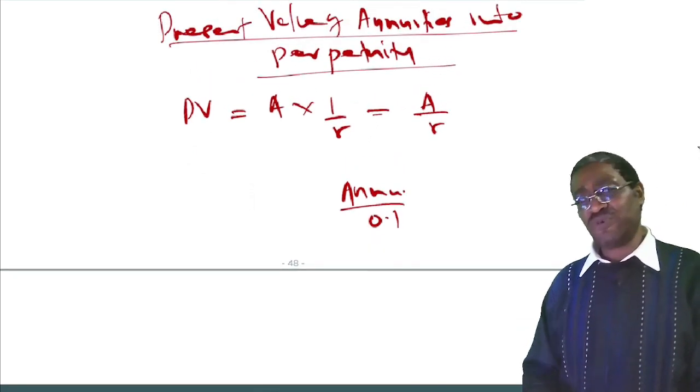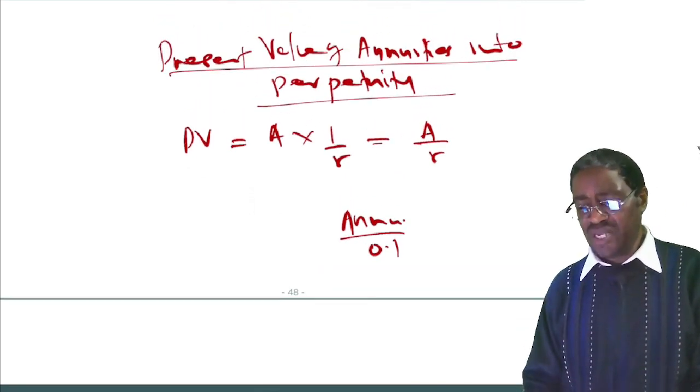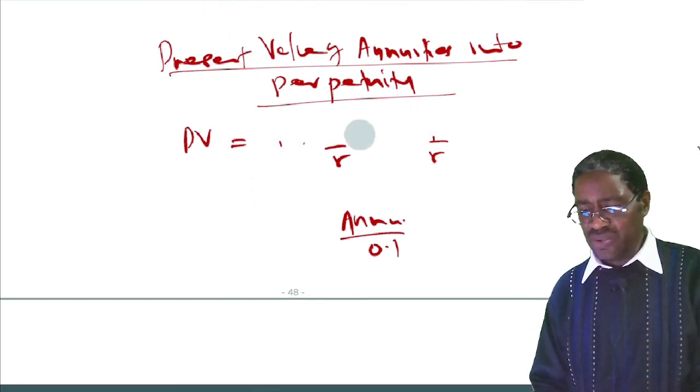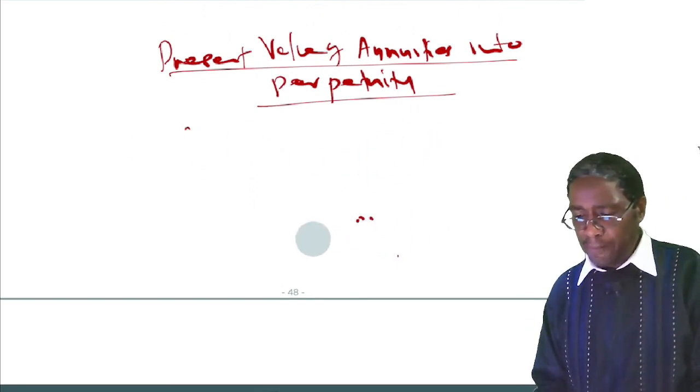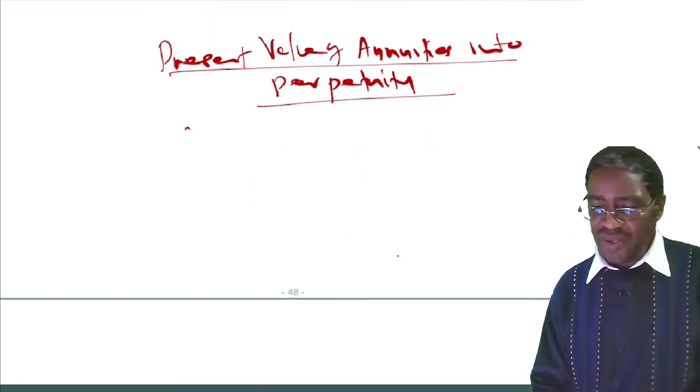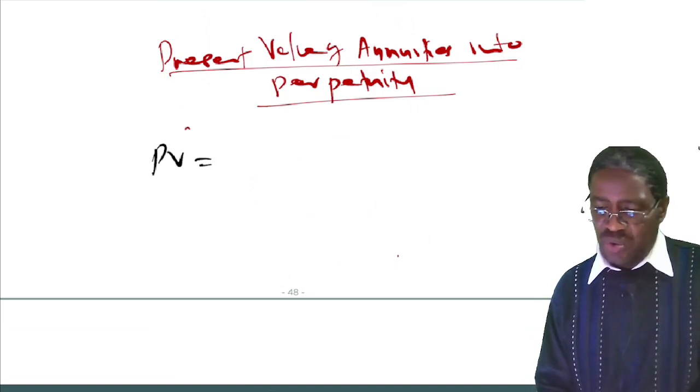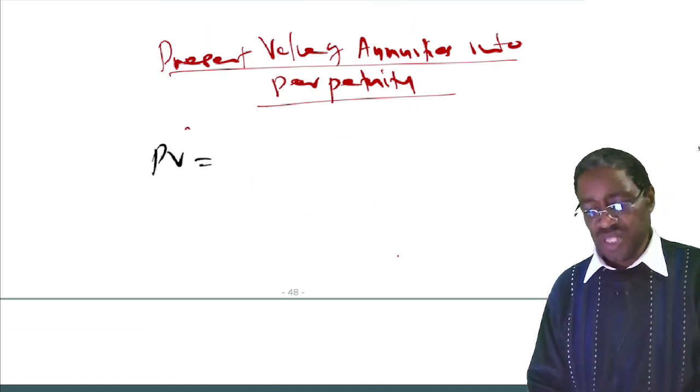Let's put down the formula. Present value equals the annuity.